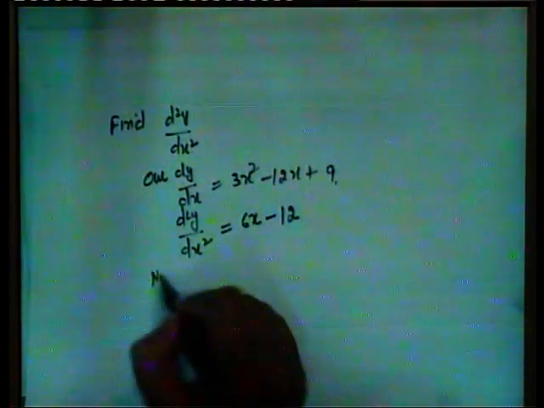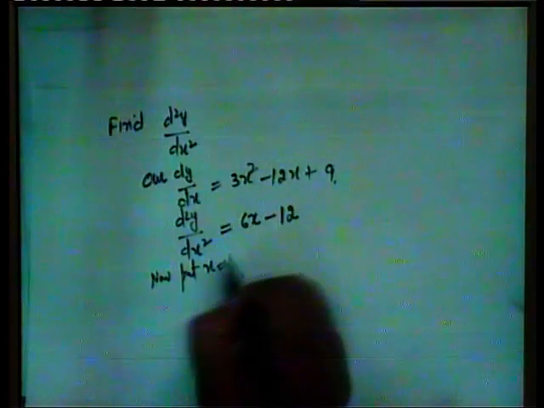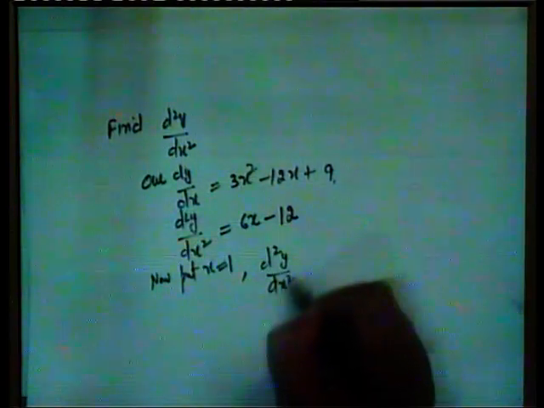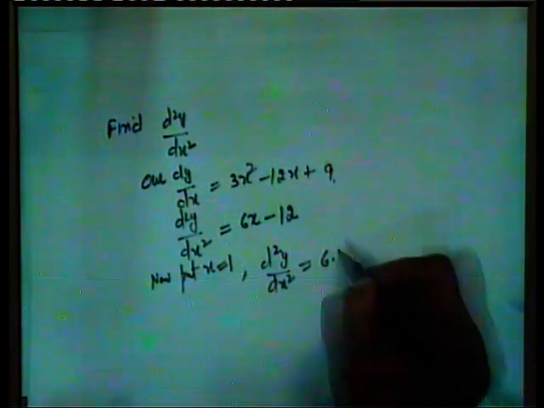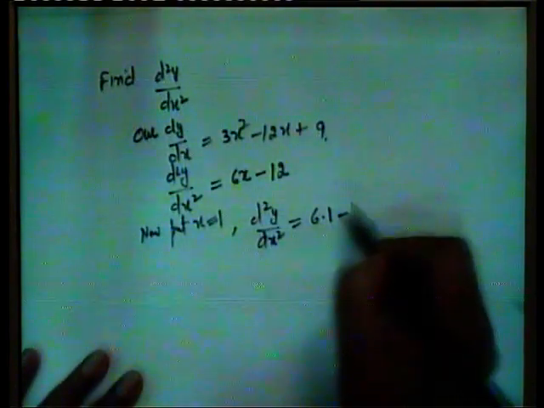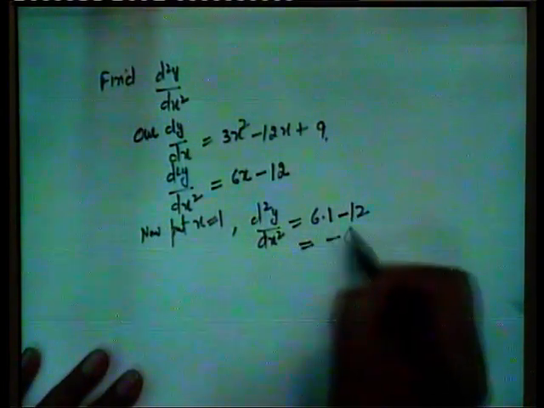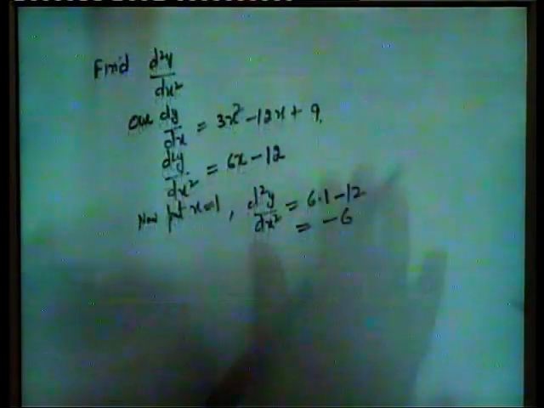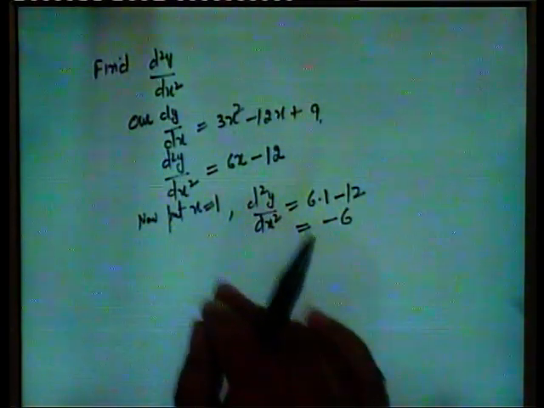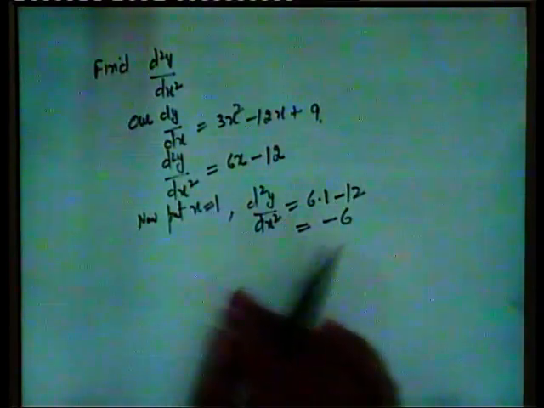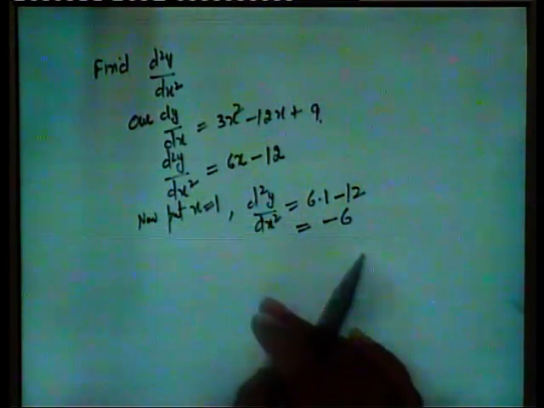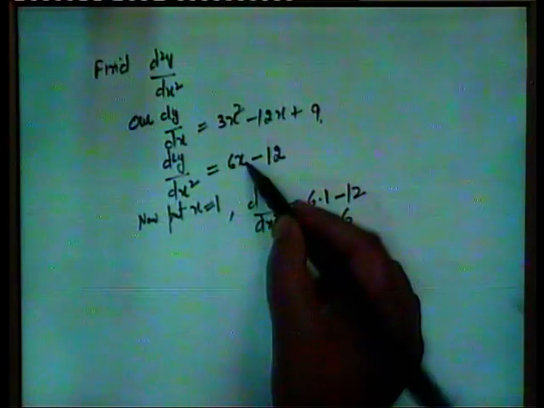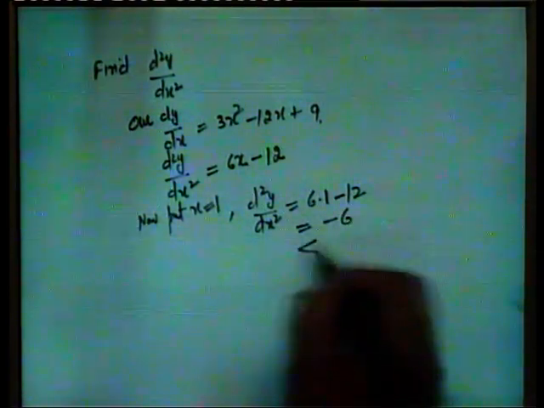Now, put x is equal to 1. At x is equal to 1, d2y by dx square is 6 into 1 minus 12, which is minus 6, which is negative.